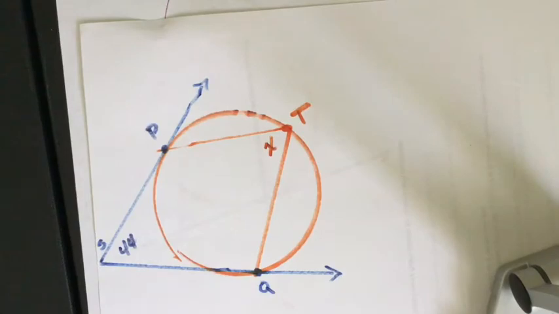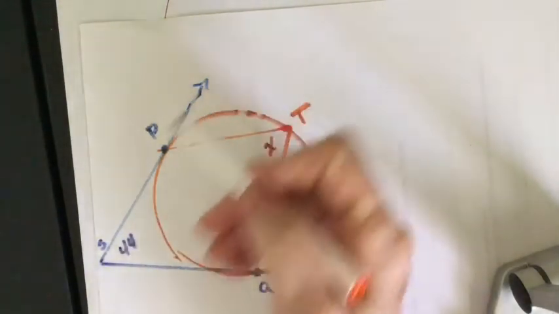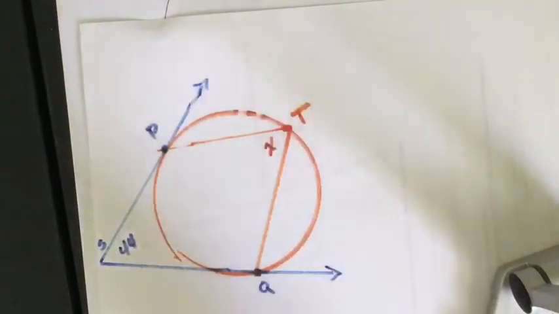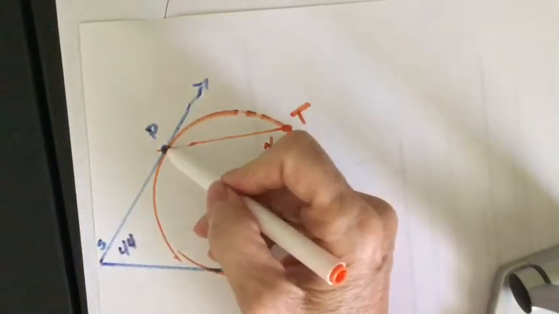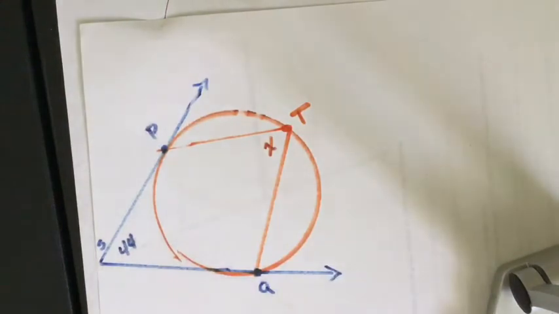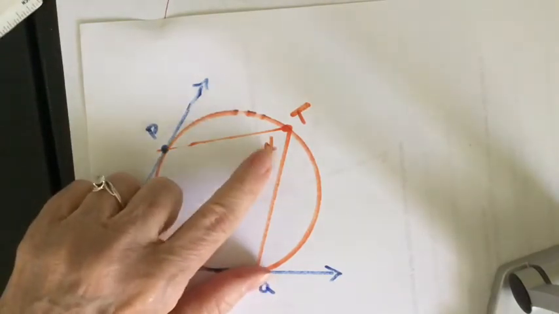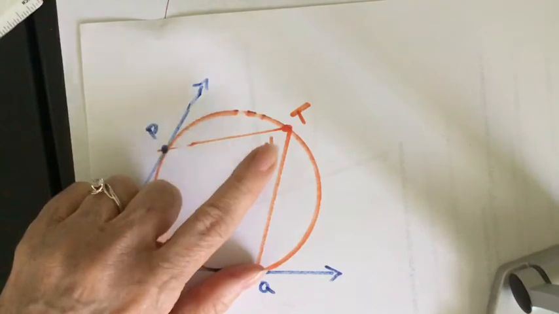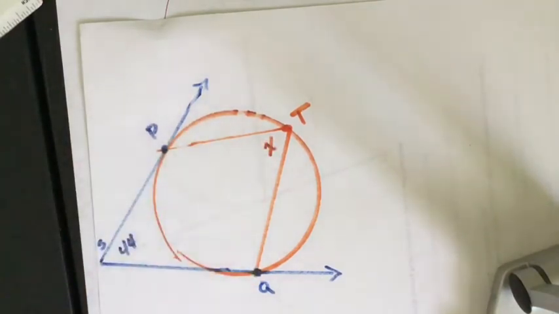Okay, so what do I know? Well, I know that I have these two lines. They do not go through the circle. They only touch the circle at one point, which is called a point of tangency. So I know that these are two tangents, okay? I also know that angle x, the one I'm trying to find, is on the inside of the circle. It's not in the center, but it is on the inside.